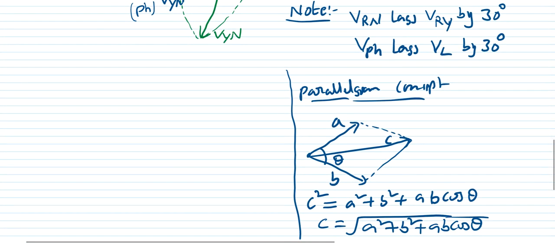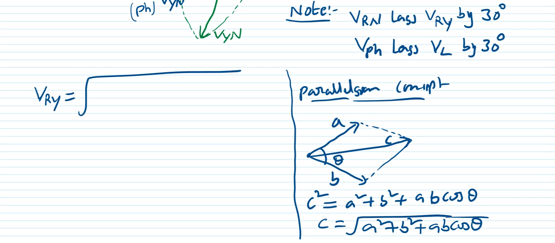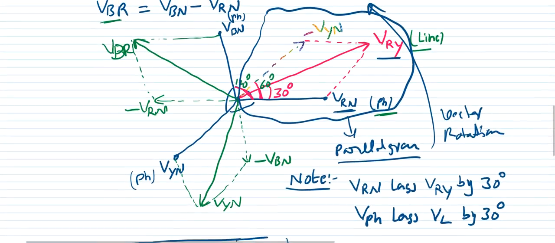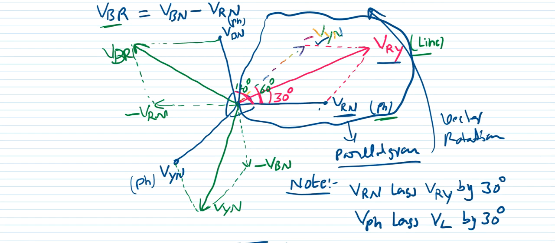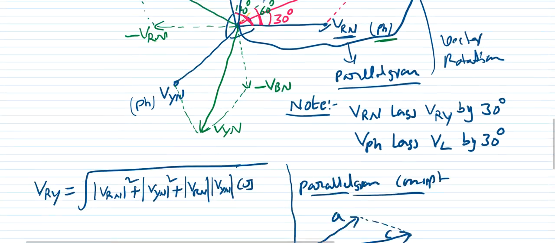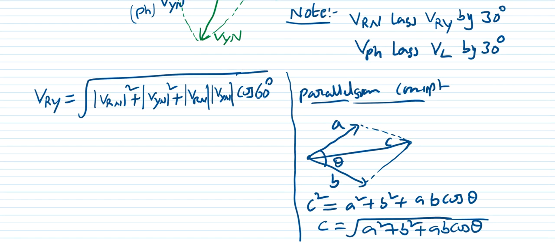VRY is equal to the square root of the magnitude of VRN square plus the magnitude of VYN square plus the magnitude of VRN and the magnitude of VYN and cos of the angle in between. What is the angle between this vector and this vector? It is 60 degrees. So I can write 60 degrees.